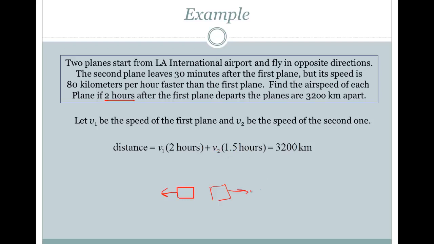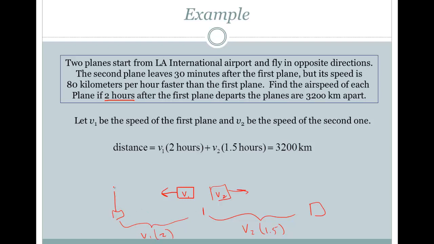In other words, if I think about this graphically, if we started right here, and this is v2, and this is v1, plane 1 and plane 2, 2 is over here. The distance it traveled is v2 times 1.5. The distance this guy traveled here is v1 times 2 hours.